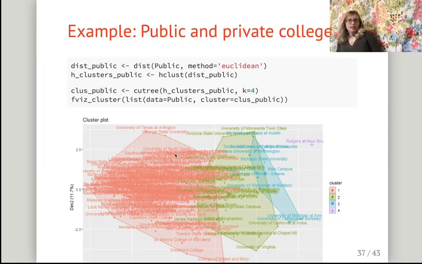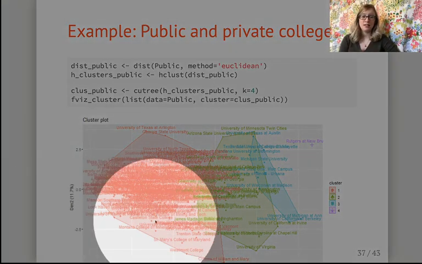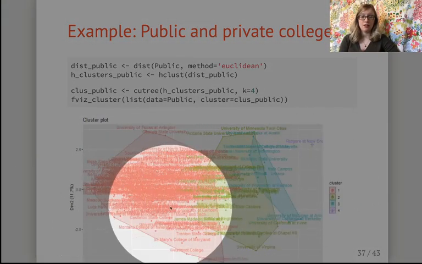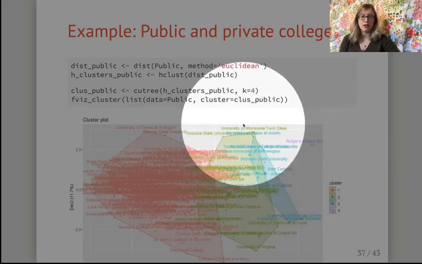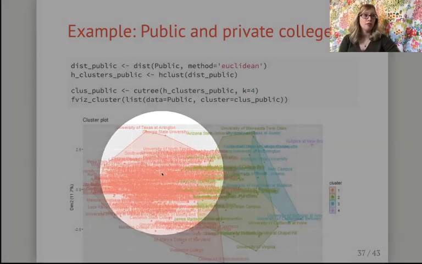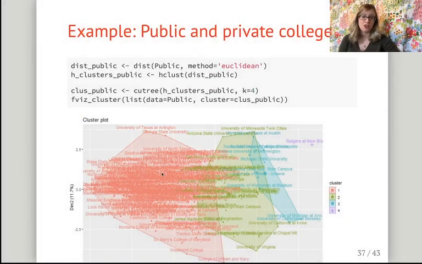Now applying this to the public and private colleges, here are the hierarchical clusters for the public colleges. We see some pretty different patterns. We still have a group here, here, here, and here, but hierarchical clustering resulted in one very large group of public universities.